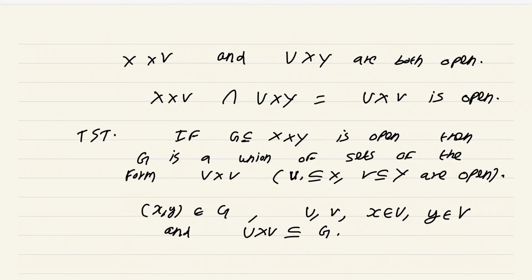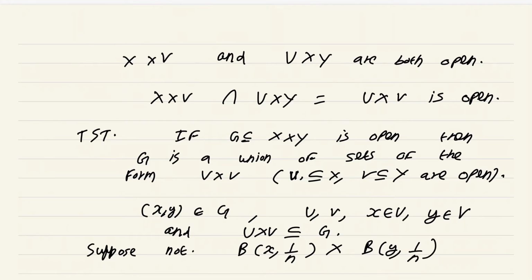Suppose not. Well, what does this mean? This means that if you consider B_x(1/n) Cartesian product B_y(1/n), these are the open balls in x and y respectively, this is not going to be a subset of G, no matter what n we choose, right?